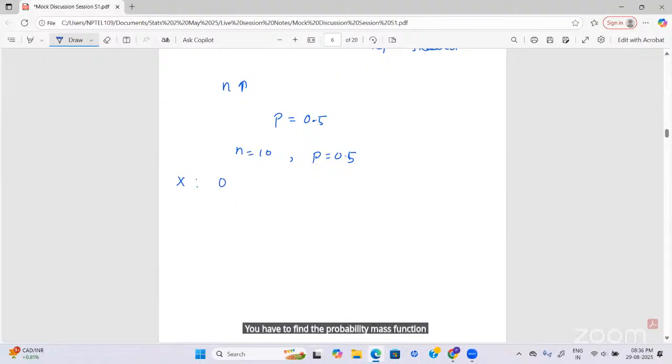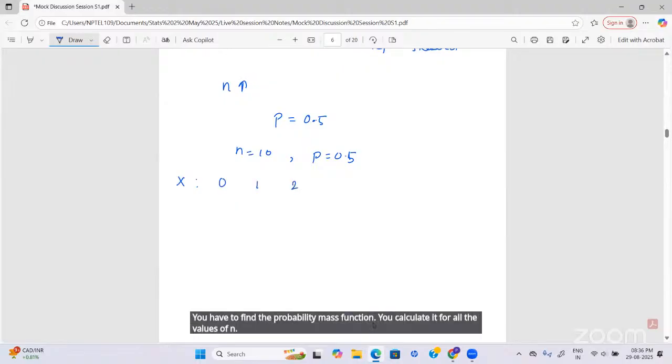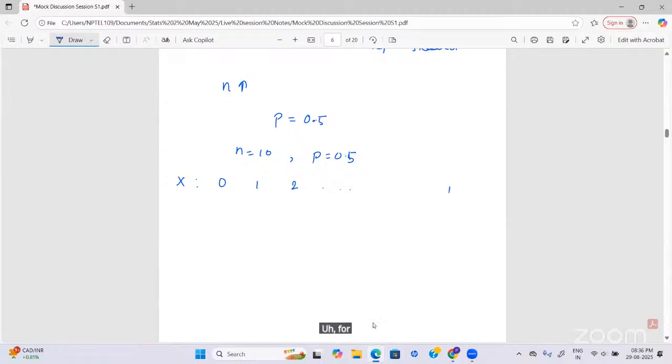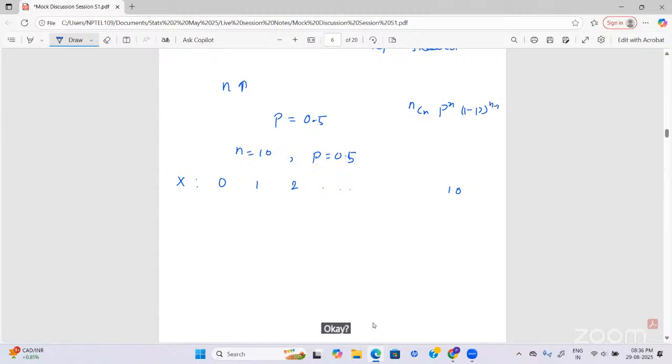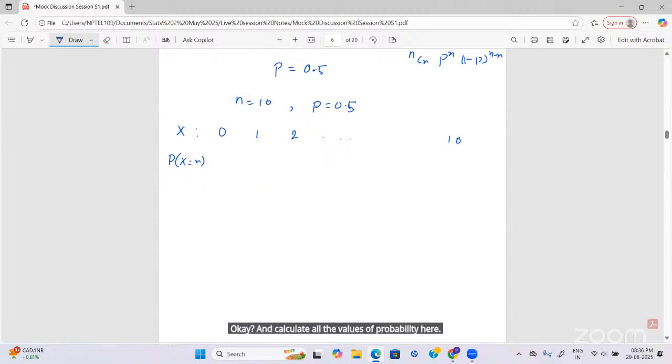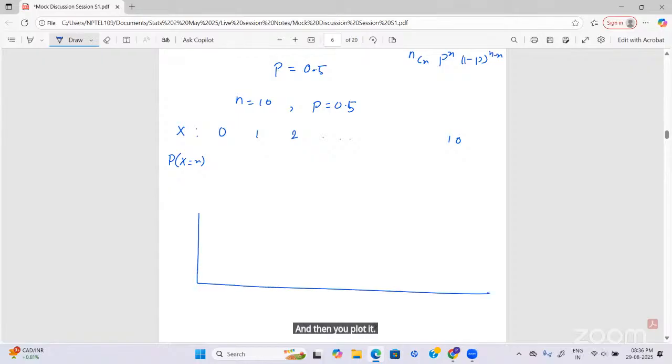You calculate it for all the values of x, so x is 0, 1, 2 up to 10. Now you use the probability mass function and calculate all the values of probability here. And then you plot it. Then you will see that it is symmetric.